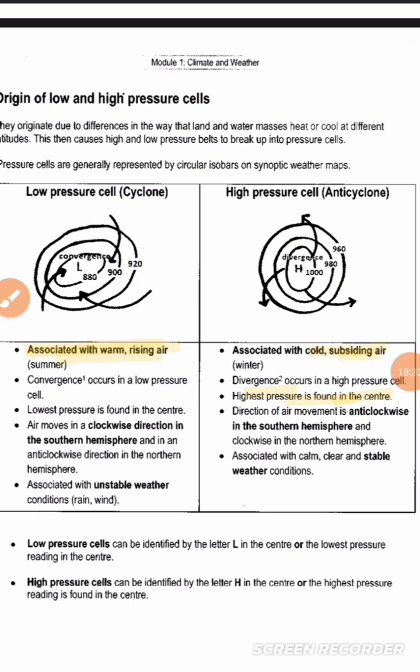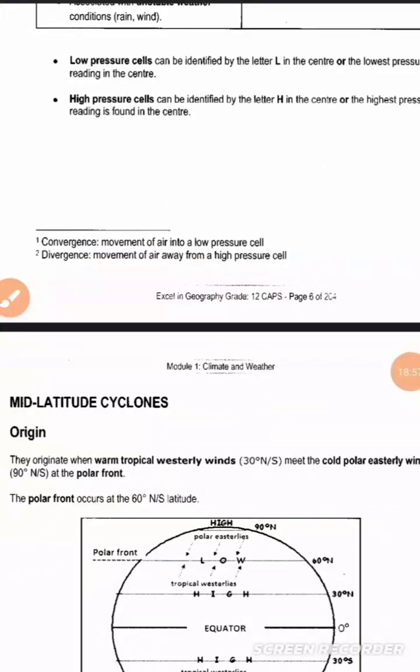Another statement that is very important is this one: air moves clockwise in the southern hemisphere and anti-clockwise in the northern hemisphere. This confuses a lot of students who don't understand this.